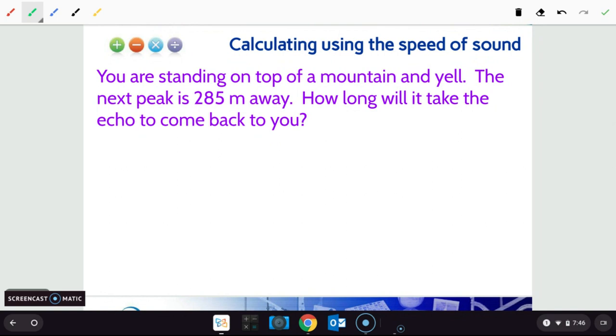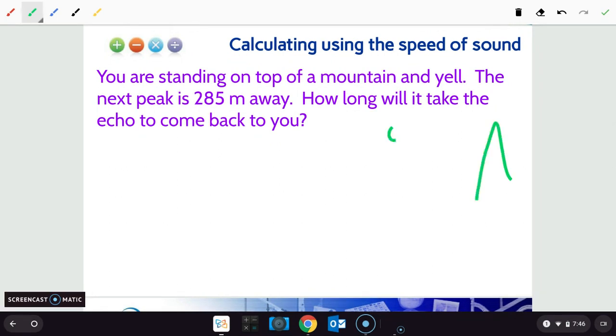What if I'm finding the time? It says you're standing on a mountain and you yell, and the next peak is 285 meters away. So here's my mountain peak. Here am I on this other one, and I'm going to yell, and it's 285 meters to this mountain peak. How long will it take the echo to come back to you? Well, again, remember, the way an echo works is your sound leaves you, it goes to the other surface, bounces off, comes back.